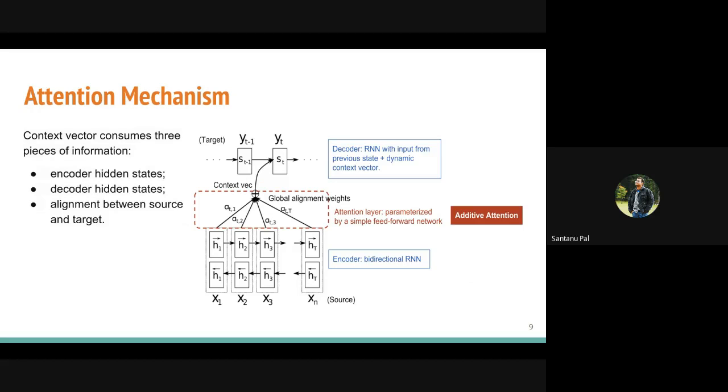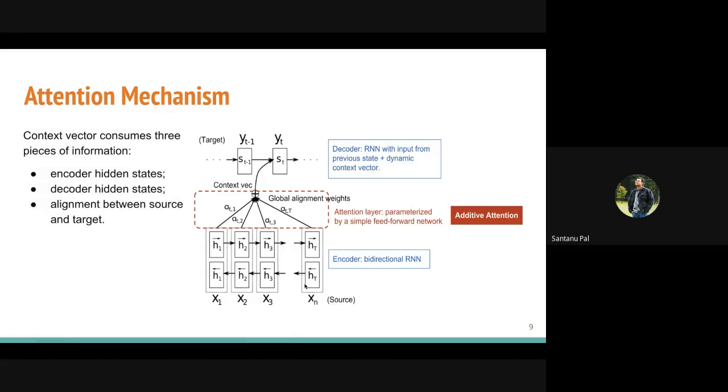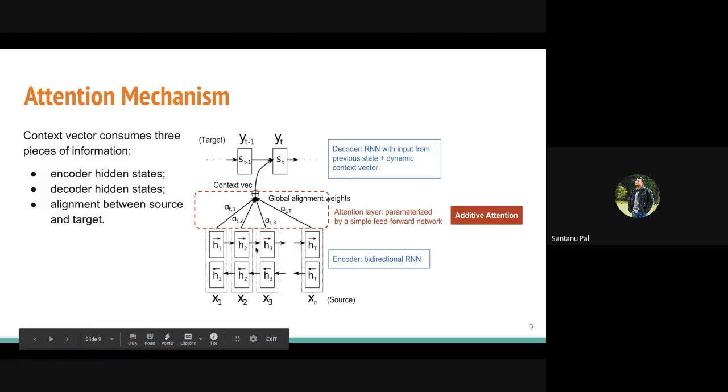So here is the pictorial representation of the attention mechanism. Here you see a sequence of source input, let's say x1 to xn, and there is a bidirectional RNN, where this one is the forward representation.